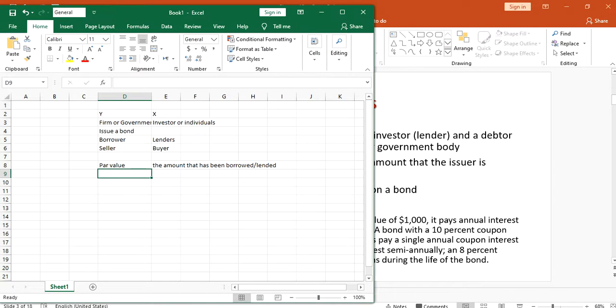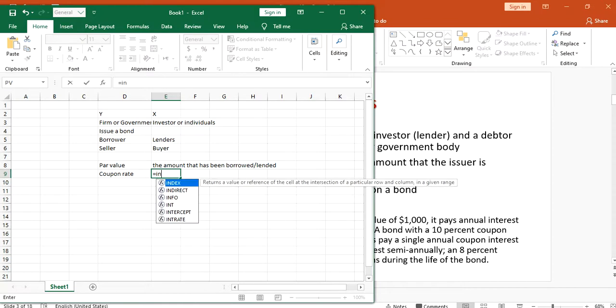And we also have the coupon rate. So this is equivalent to the interest rate.